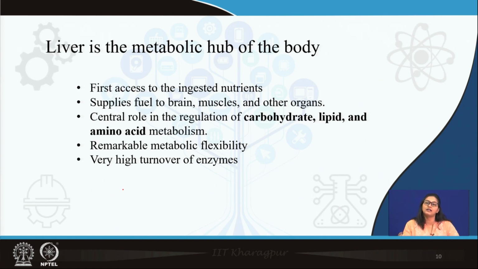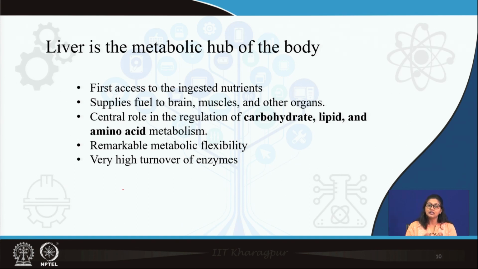When the high protein diet is supplied to liver, those enzymes metabolize the proteins. Now, just after that, suppose after 1 hour you take a carbohydrate rich diet, liver adapts. Then the protein metabolizing enzymes decrease and the carbohydrate metabolizing enzymes are increased.